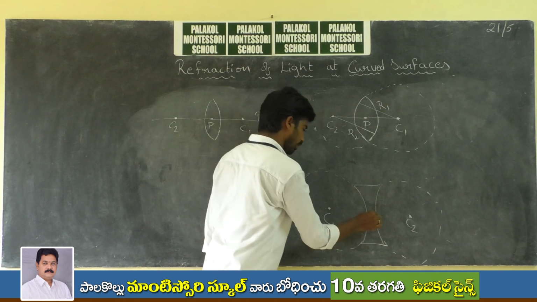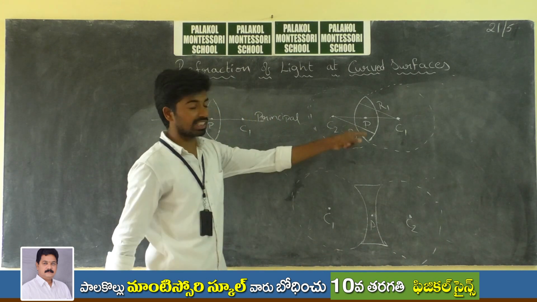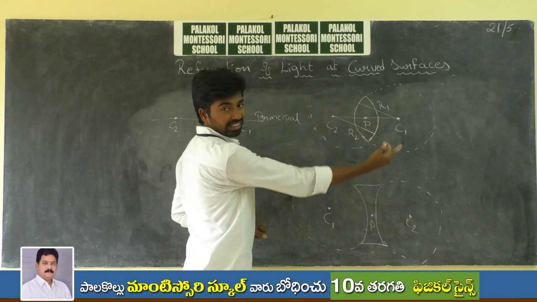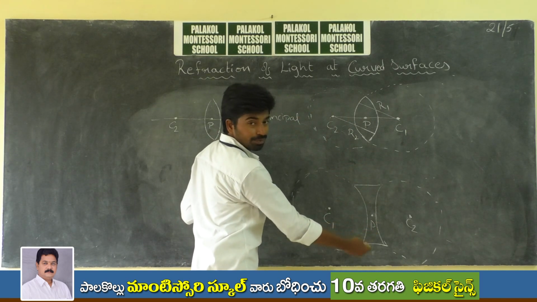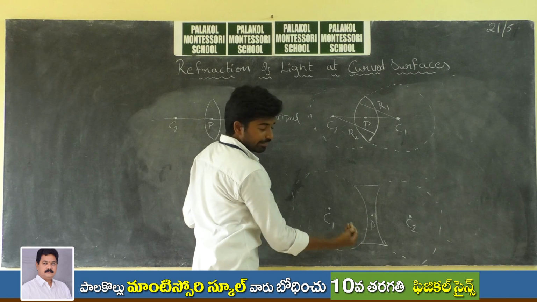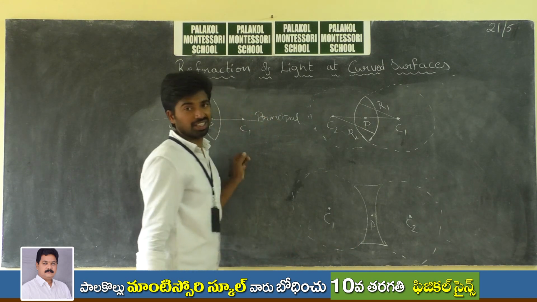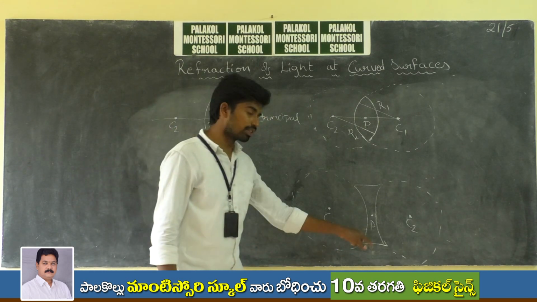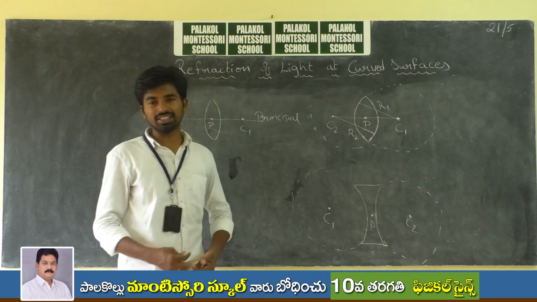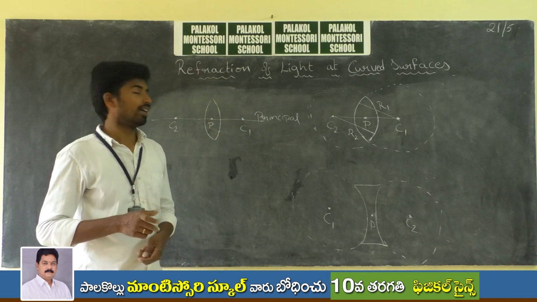And this is the midpoint of the lens, P. For a convex lens, C1 is situated in the right hand section of the lens, whereas for a concave lens, C1 will be situated in the left hand section of the lens, and the midpoint of the lens is called the pole.